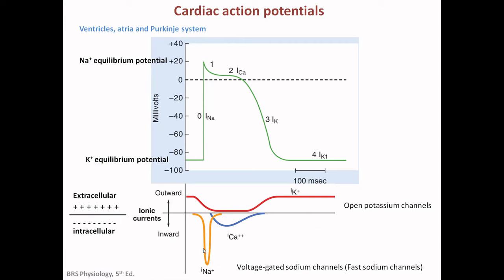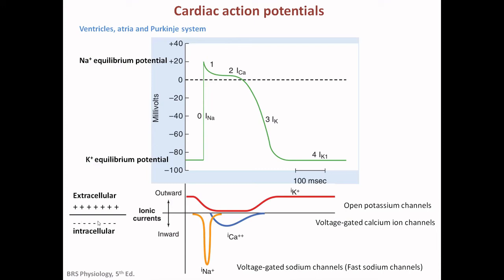So to summarize further, sodium is rushing in, and positive charge inside is increasing because of the fast sodium channel. So there is a sudden rise. Then this rush of the sodium decreases, so there is a small decrease, but this will be compensated by the influx of calcium, the positive charge.